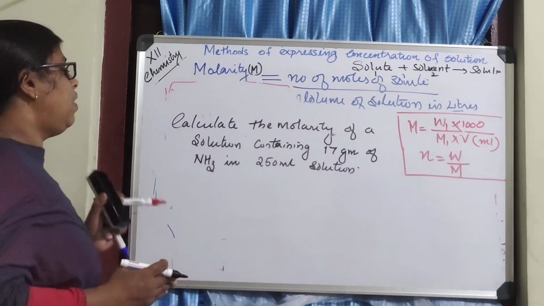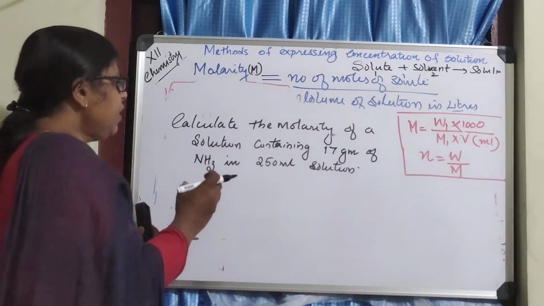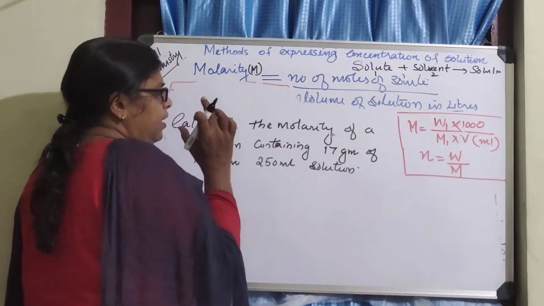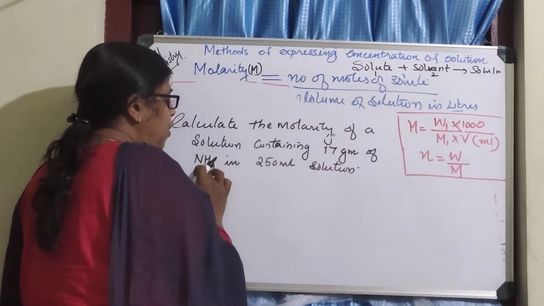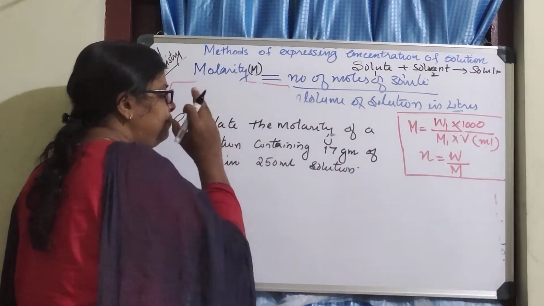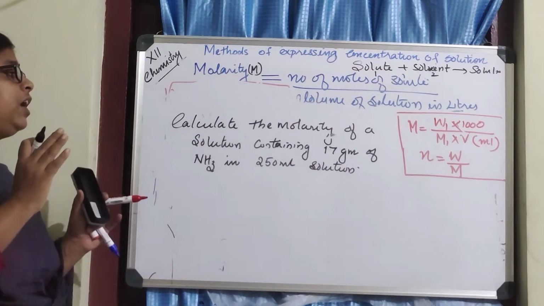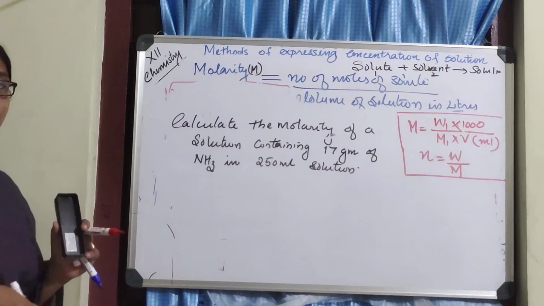In the question, we have given a solution in which 17 gram of ammonia is dissolved in 250 ml solution.